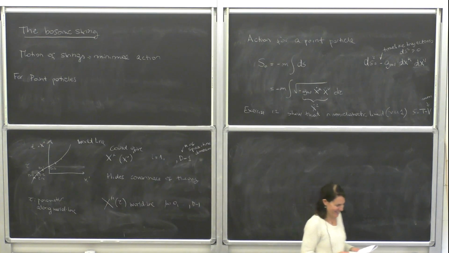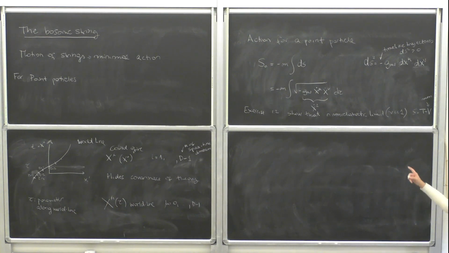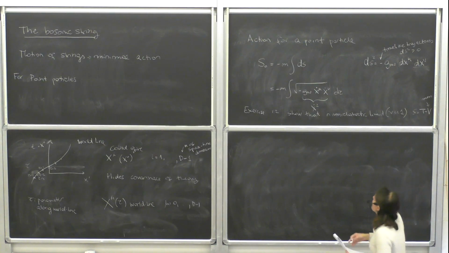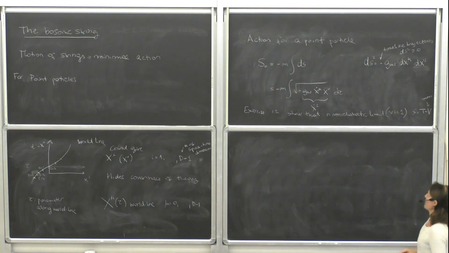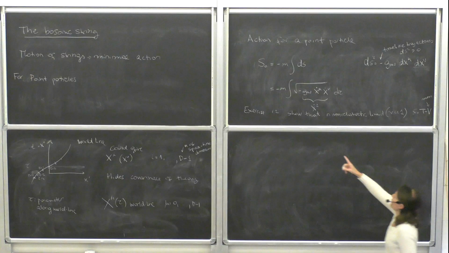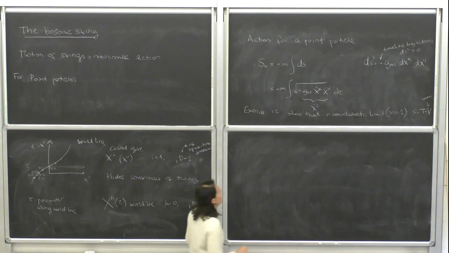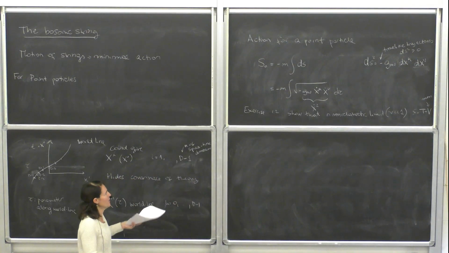So this is nice and physical and we understand it, but there are two problems with that. First, the square root, which makes it difficult to quantize, and second, that it has a bad m equals 0 limit. If I have a massless particle, this action is 0 and I don't know what to do.